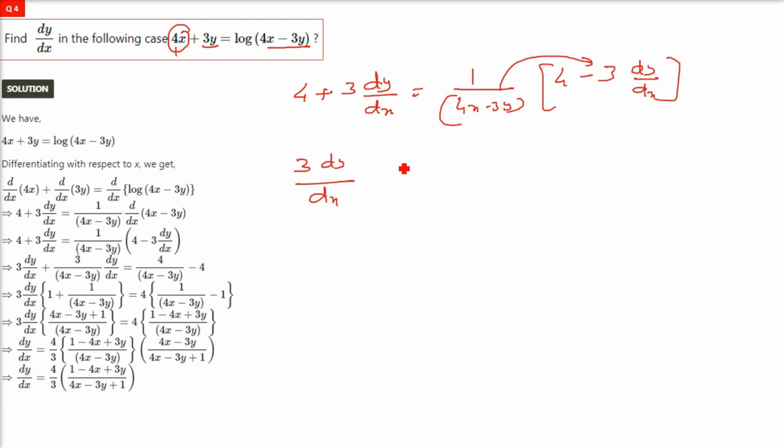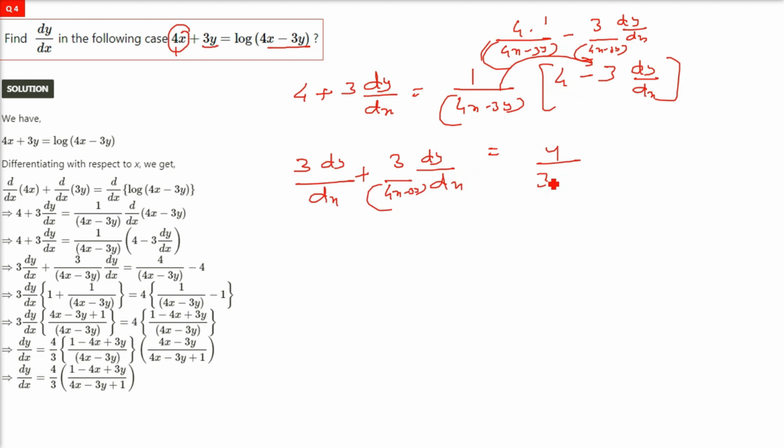So I am multiplying this 4 into 1 by 4x minus 3y minus 3 into dy by dx divided by 4x minus 3y. This I am bringing on the left hand side. It will be plus 3 dy by dx and 4x minus 3y in the denominator. On right hand side, it will be 4 by 4x minus 3y, and this is minus 4.